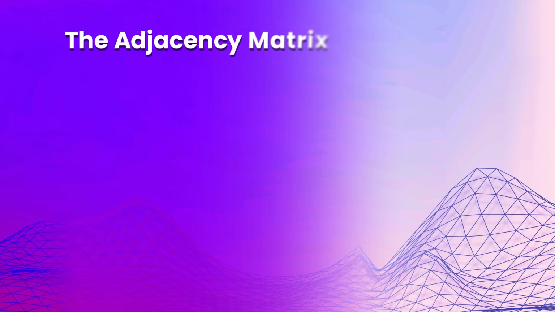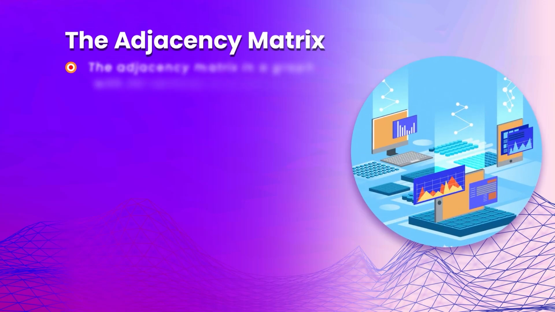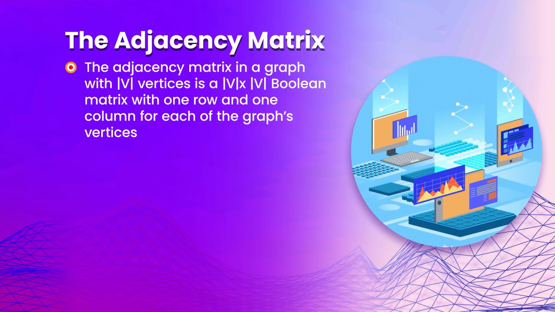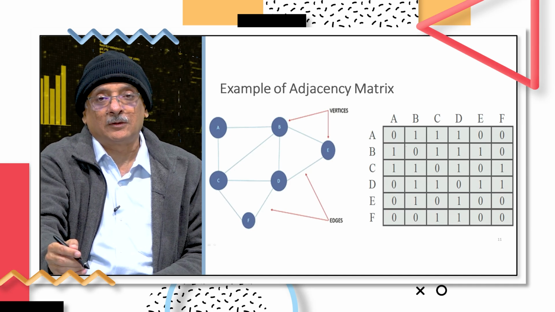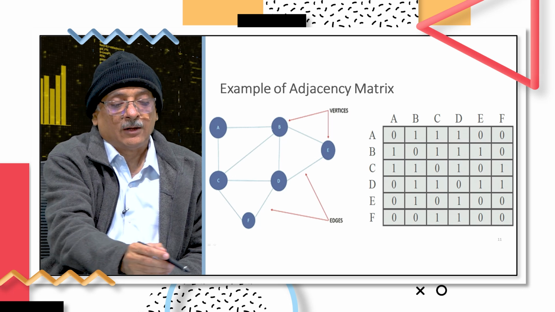The first one is called the adjacency matrix. The adjacency matrix of a graph with V vertices is a V cross V Boolean matrix. So, it is going to be a Boolean matrix with one row and one column each for the graph's vertices. It looks very difficult to understand, but now you can make out what it means.